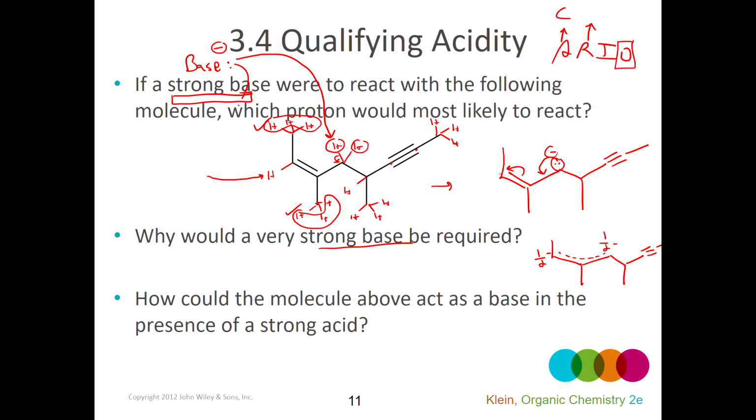Because if my base picks off this hydrogen and the electrons stay behind, I would get a structure that looks like this, with my negative on an sp2 hybridized carbon with an sp2 orbital holding it relatively close to the nucleus. So it's hard to say for sure whether the resonance stabilizes the negative more by spreading out over two atoms, or whether the more compact orbital would stabilize it more.